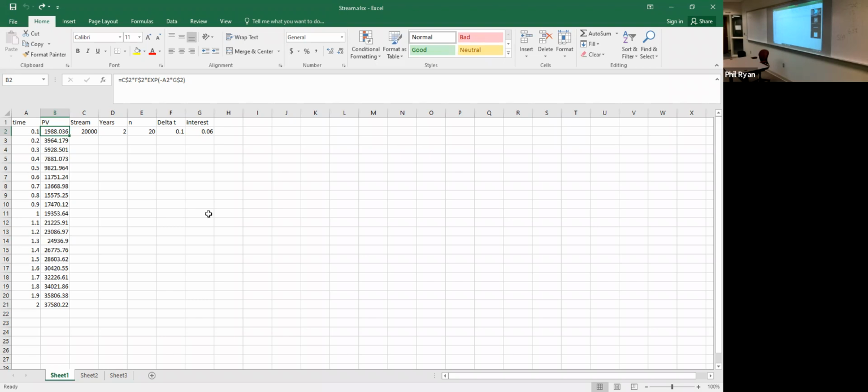Then I've brought it back a tenth of a year, and that's what I've done here: e to the minus A2, where A2 is the time period, a tenth of a year, times the interest rate. So $2,000 in a tenth of a year's time at a 6% interest rate is actually only worth $1,988.04 now.